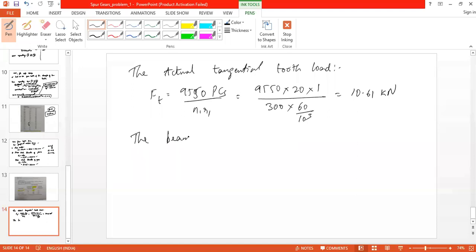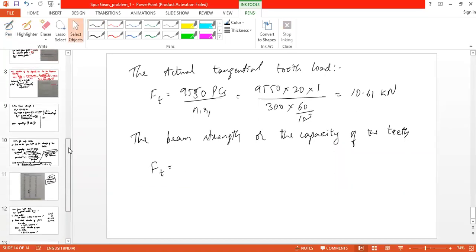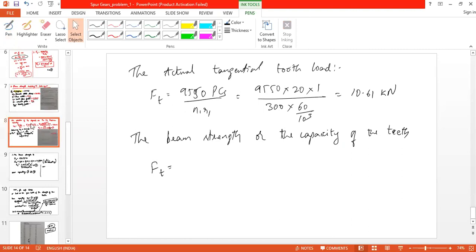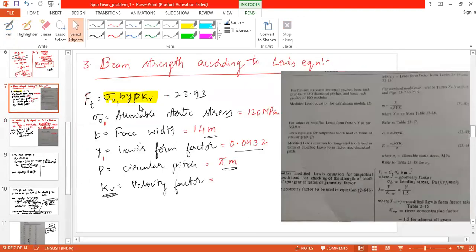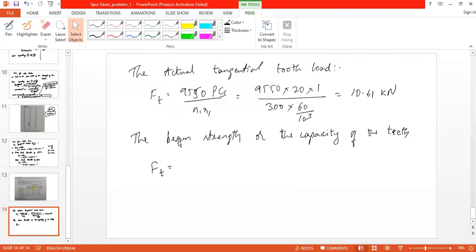And the beam strength, or the capacity of the teeth, that is Ft is equal to sigma O1 dy T kV.